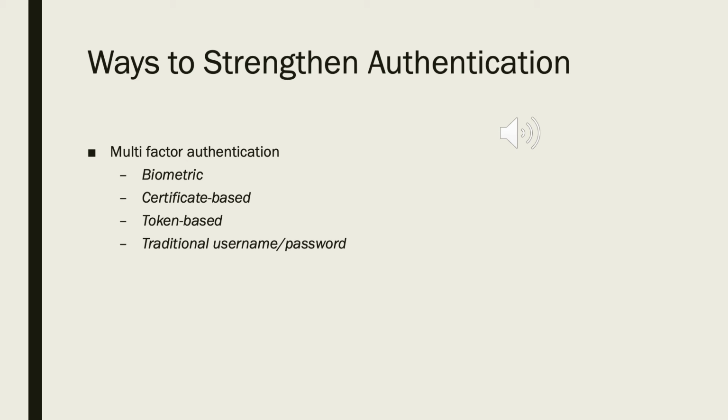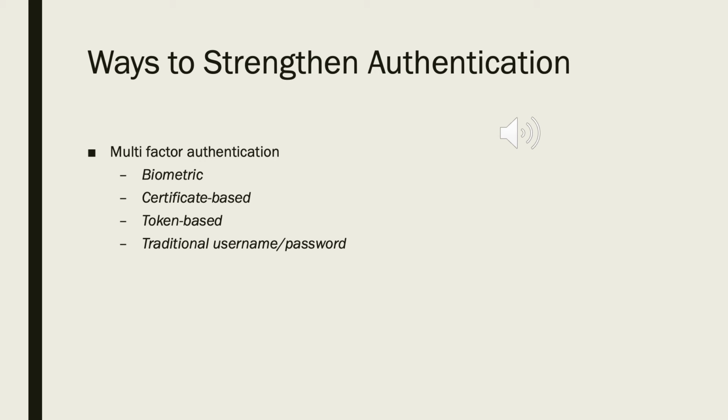So in terms of strengthening authentication, there's a multitude of different ways that you can go about it, but essentially the bread and butter is to use multi-factor authentication. And using multi-factor authentication basically has users use multiple forms of authentication.